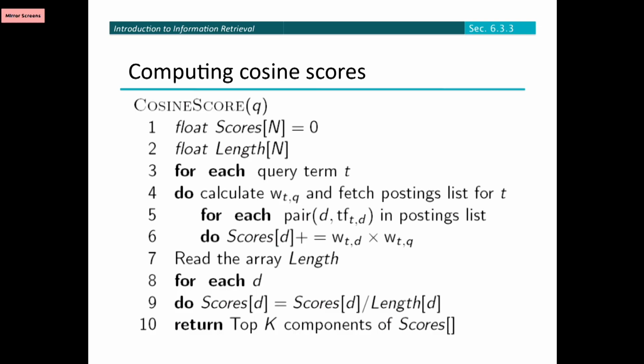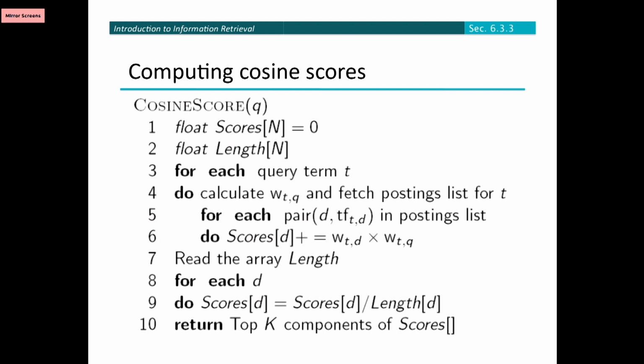This looks really harmless. This is a poor instruction of pseudocode. Just give me the top K results, please. So what is this at the end? This vector, scores D, equals scores D divided by length.